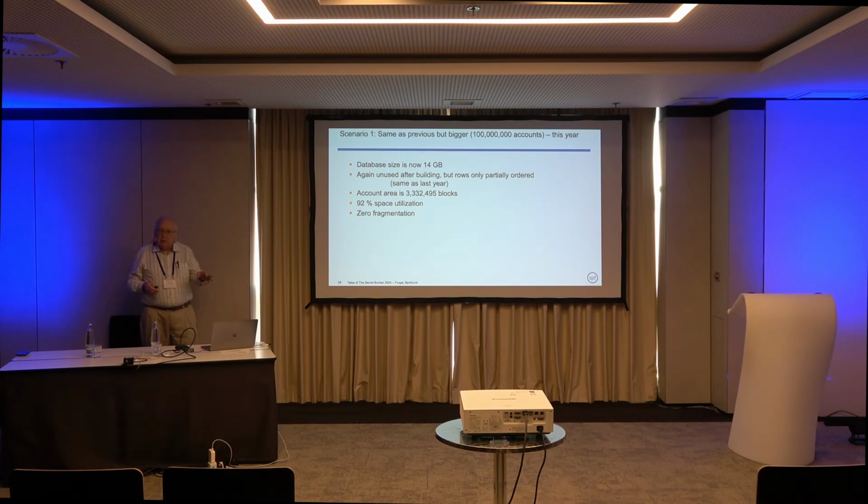Okay, and for this one, I let it run with the multiple loader processes, so it's only partially ordered. It's not a clean database. So in this case, we have 3 million or so blocks in the account area, and 92% space utilization and no fragmentation.